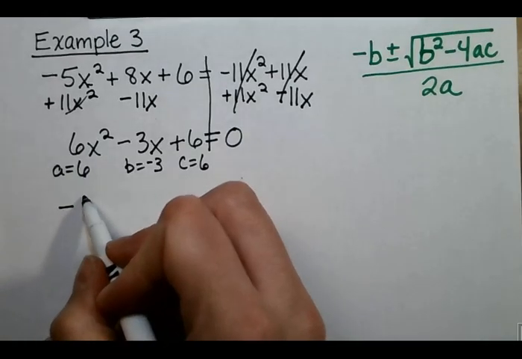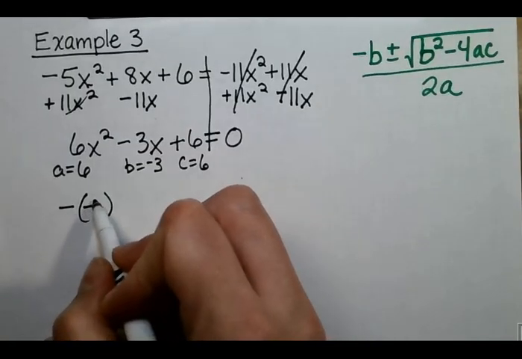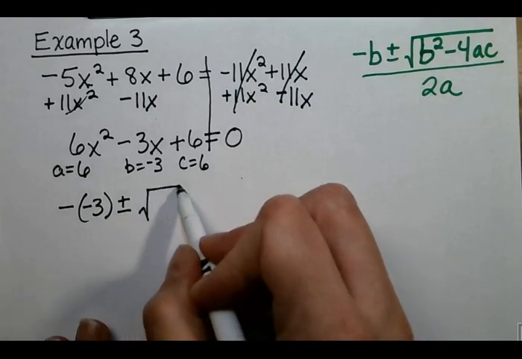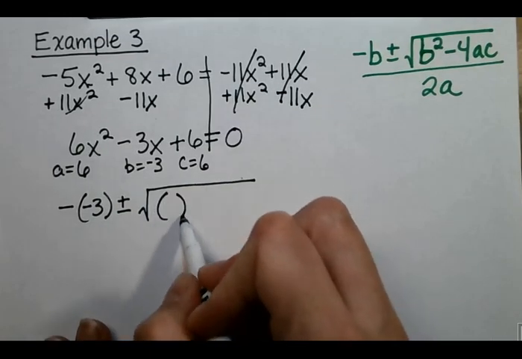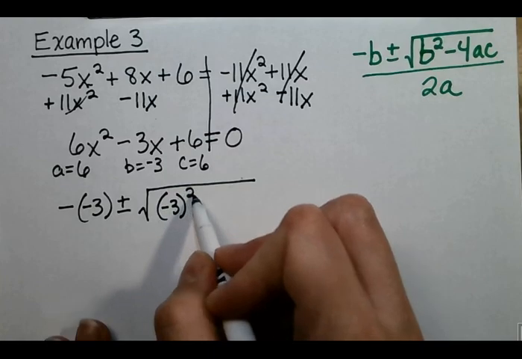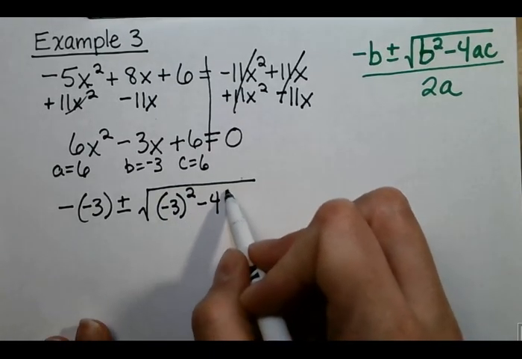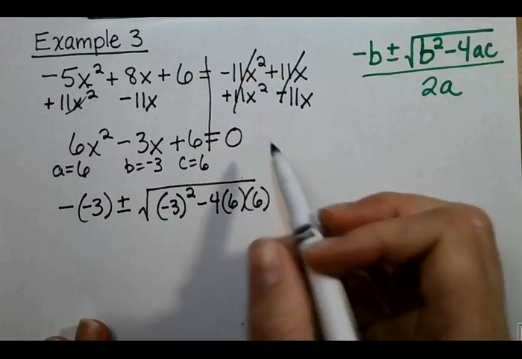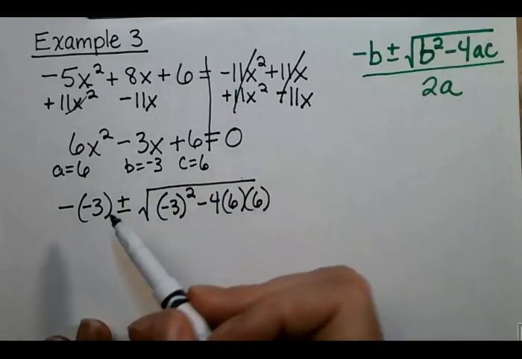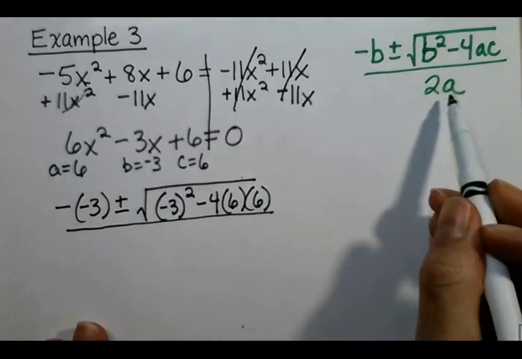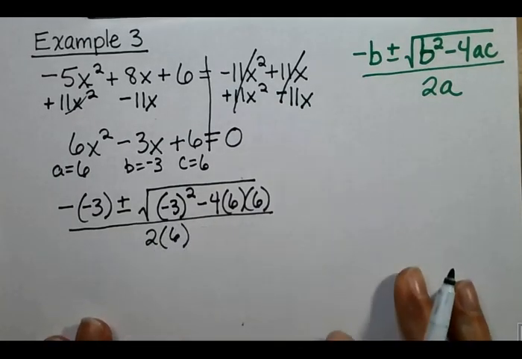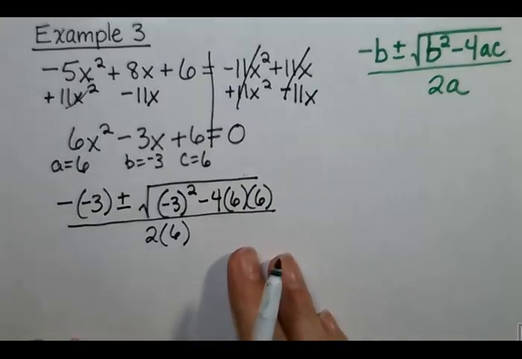So we're going to take the opposite of our B value, negative 3, plus or minus the square root of our B value, negative 3 squared, minus 4 times our A value of 6 times our C value, which is also 6. And then we're going to take this numerator and divide it by 2 times A, so 2 times 6.